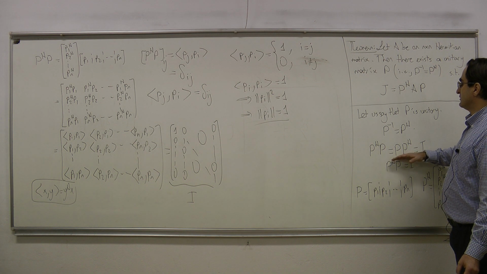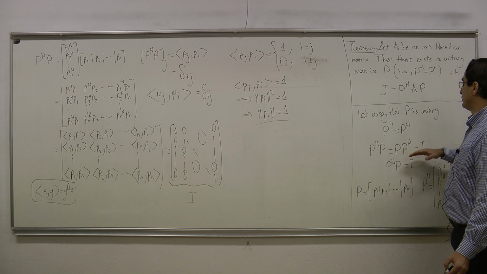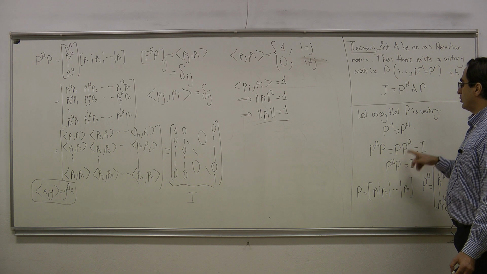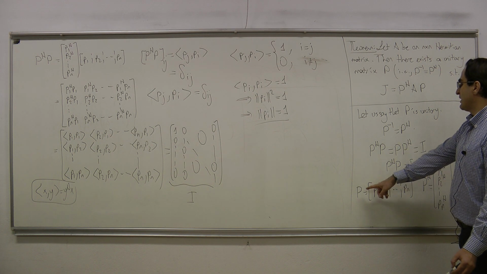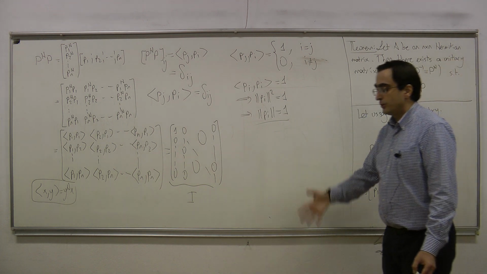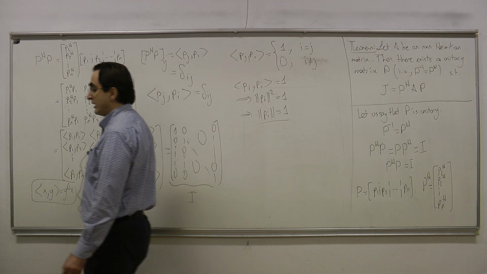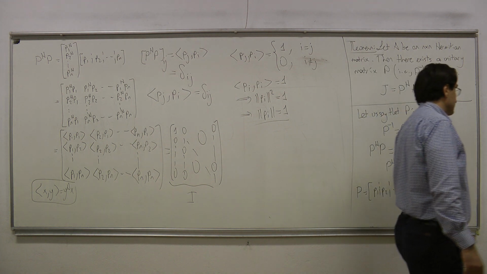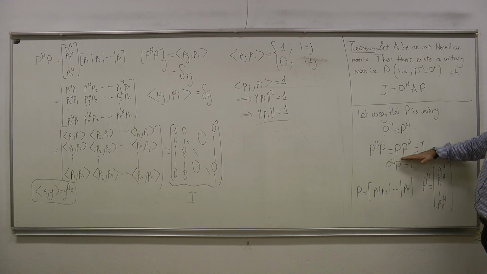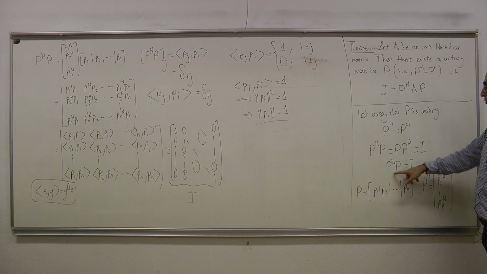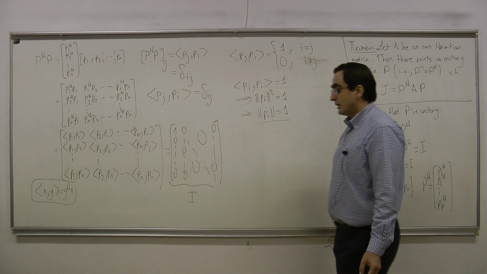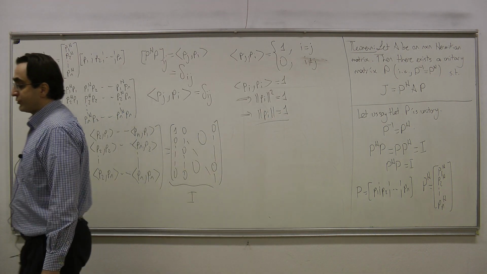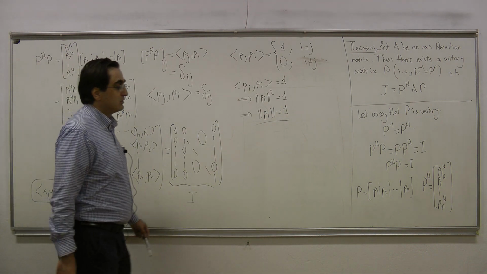If you use instead the other property, P times P Hermitian is equal to identity, then you can show that the rows of the matrix P would also be orthonormal to all of the other rows. So rows would be normalized, and orthogonal to all of the other rows. Okay? And this is coming from the second equality. So for the columns we used P Hermitian P equal to identity. If I use the other property, P times P Hermitian equal to identity, I could have shown that the rows of the unitary matrix would also be an orthonormal set.